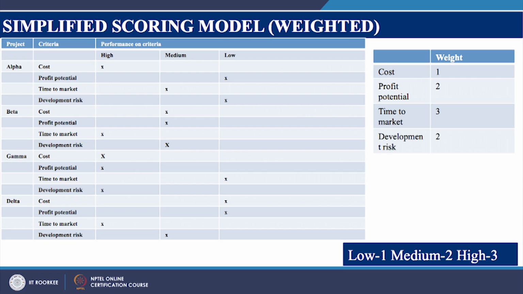So, we will assign, let us say, weight equal to 1 to cost, 2 to profit potential, 3 to time to market, and development risk is 2. So, these are different weights, and again we have assigned some weightages to high, medium and low. So, let us assign this as 1, this as 2 and this as 3.